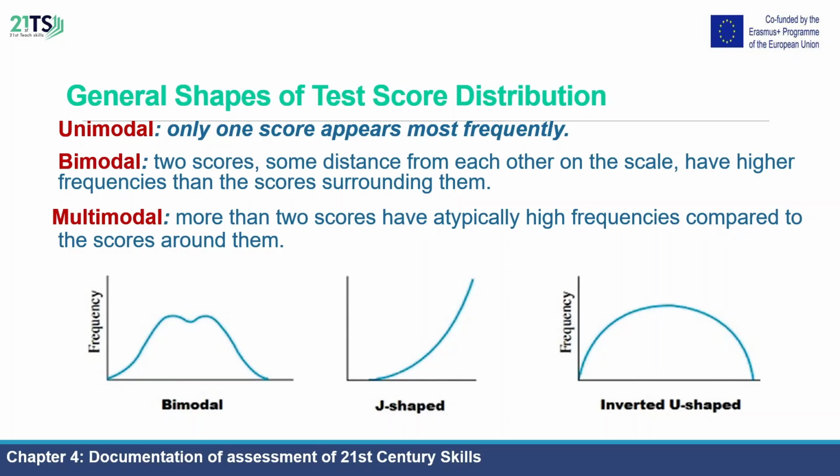Multimodal means more than two scores have typically high frequencies compared to the scores around them.